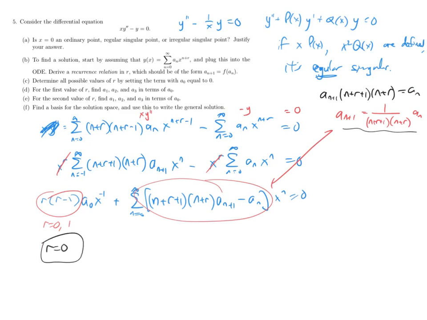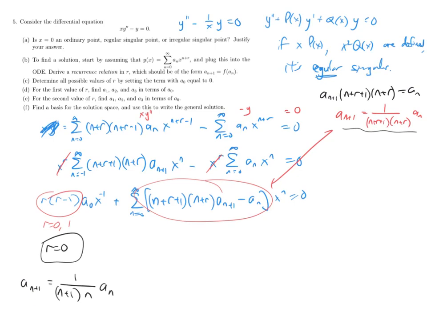So for r equals 0, a_{n+1} = 1/((n+1)n) a_n.